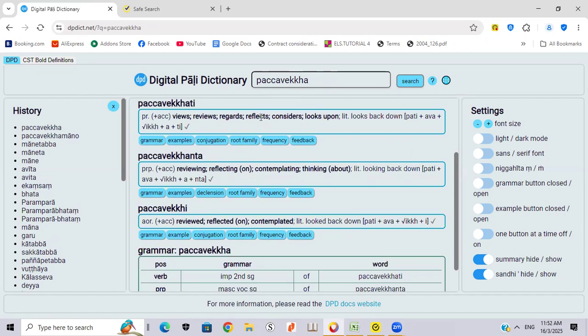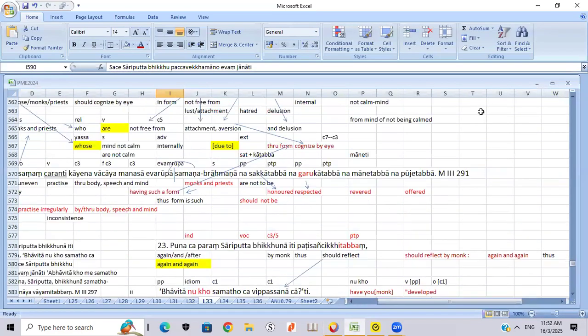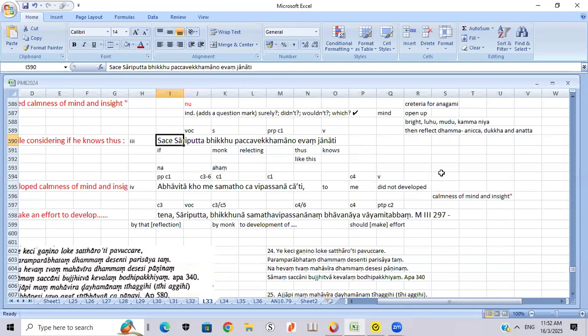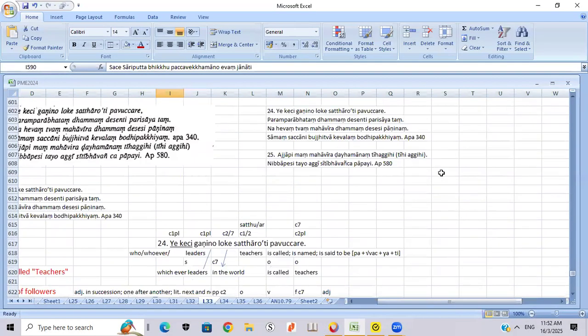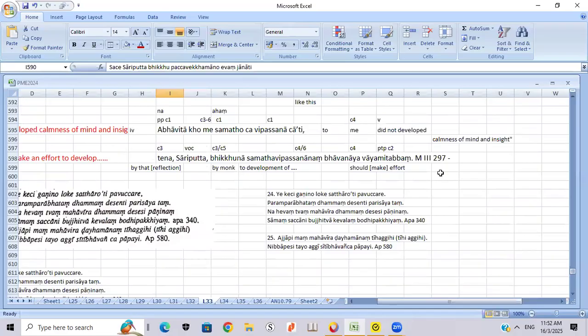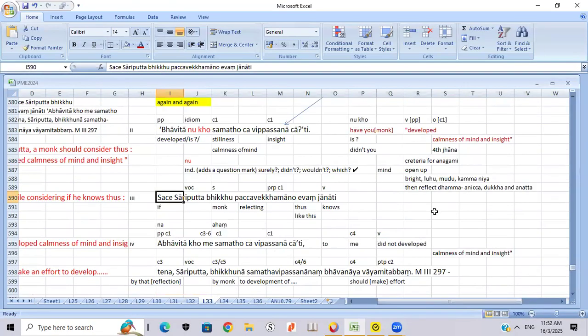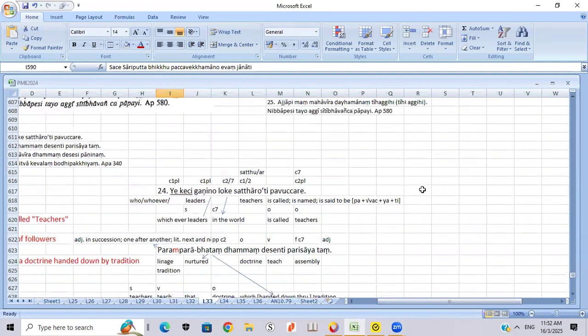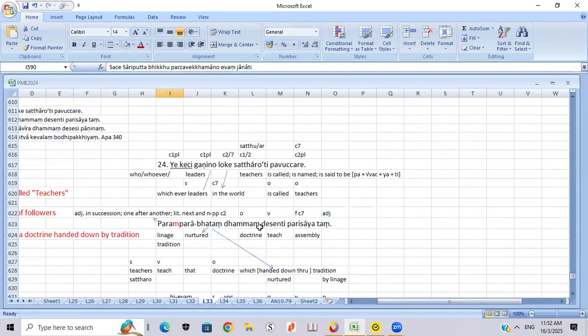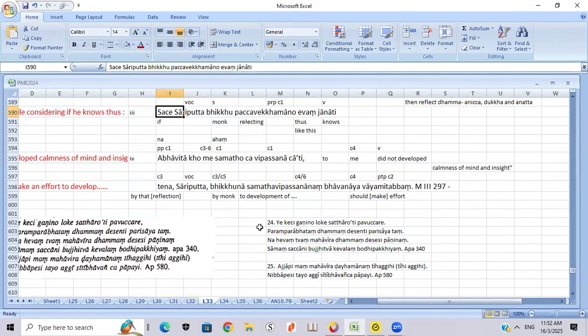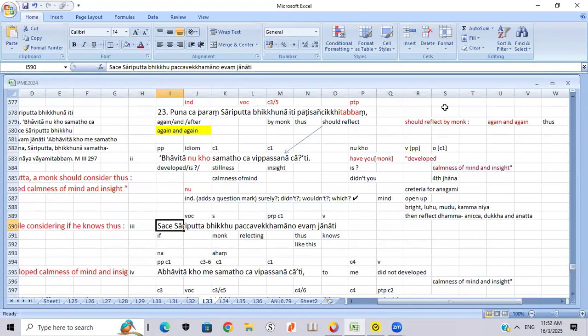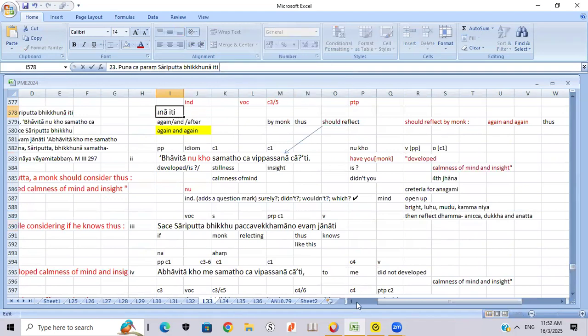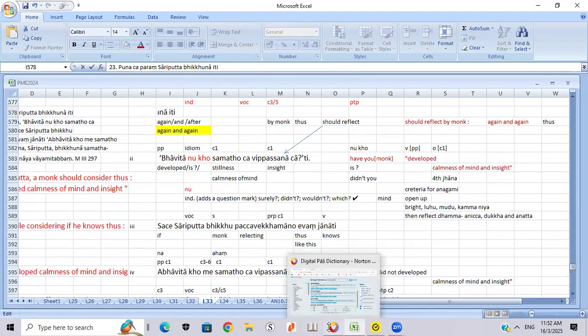Now, reflect, consider. So these are the two keywords, very important.